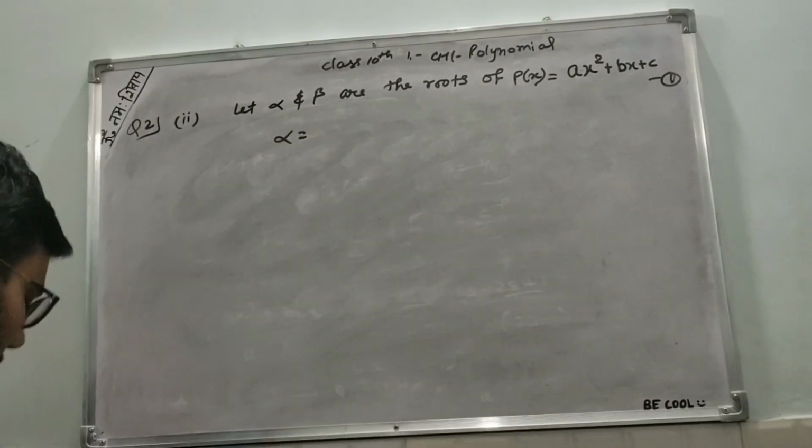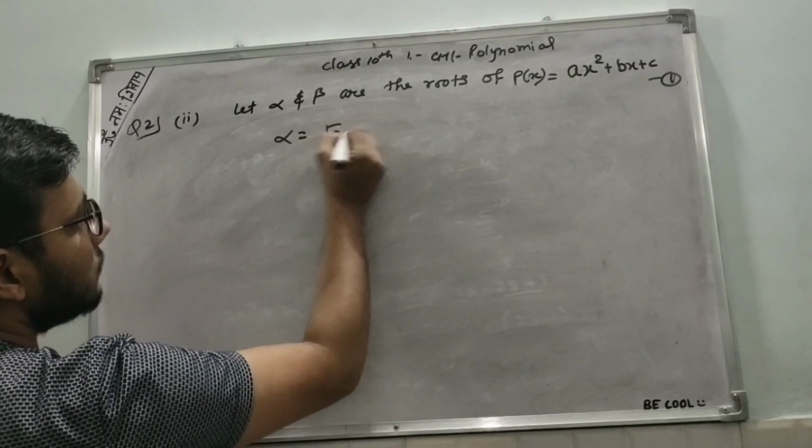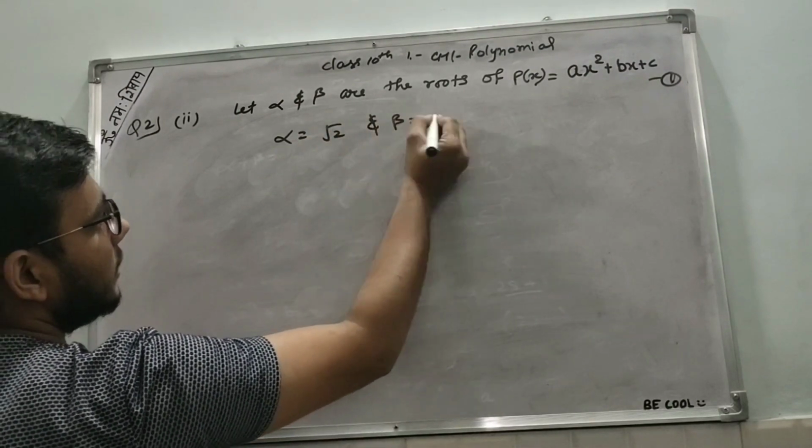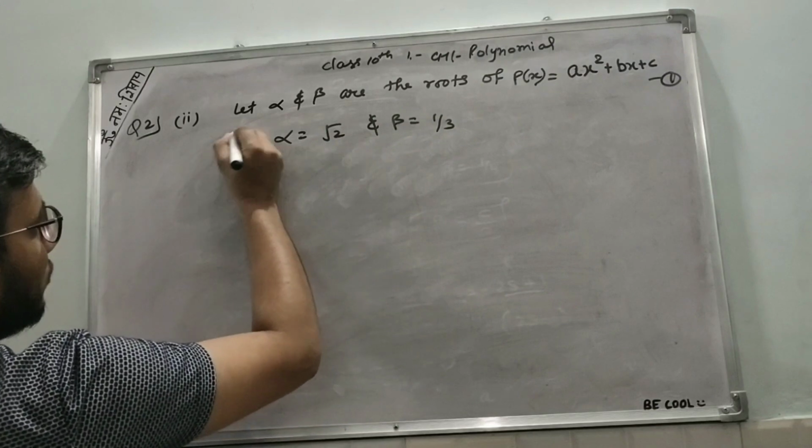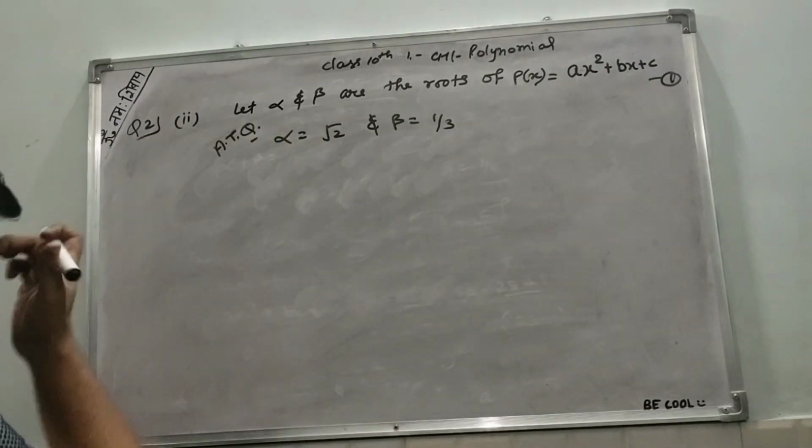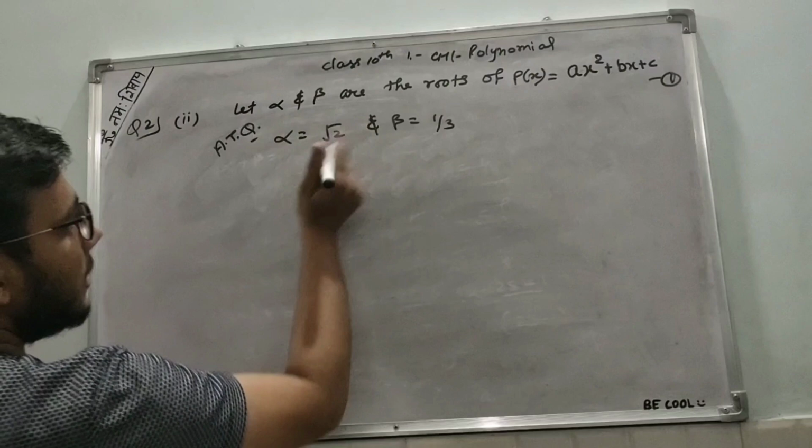According to the question, we have alpha is equal to root 2 and beta is equal to 1 by 3. Now find out their sum and product.